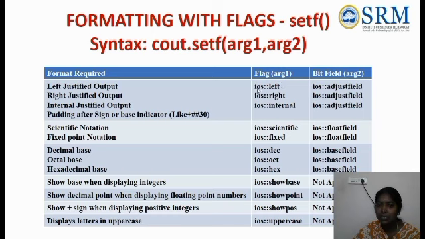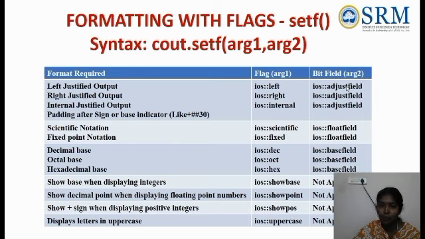For right justification, ios::right, and for internal justification, ios::internal. Argument 2, the bit field, for justifying the output is ios::adjustfield. For all three types, left, right, and internal, we use adjustfield as the bit field for justifying the output.